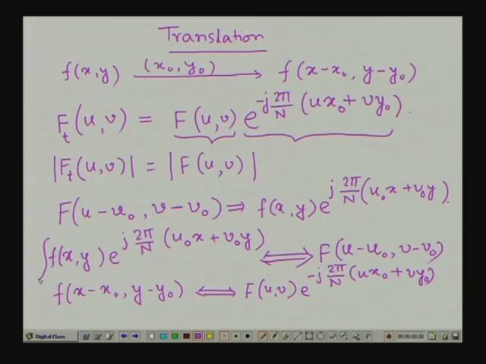So, these two expressions give you the DFT pairs under translation. These are the two properties that we have discussed in the last lecture. Today, let us talk about some other properties.